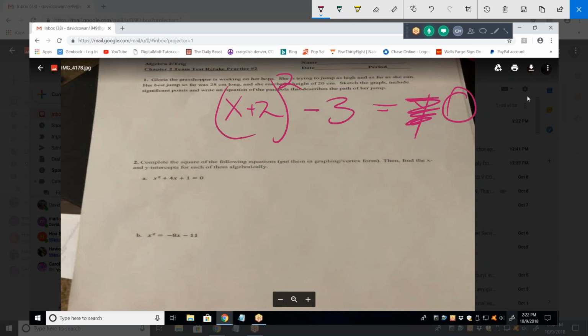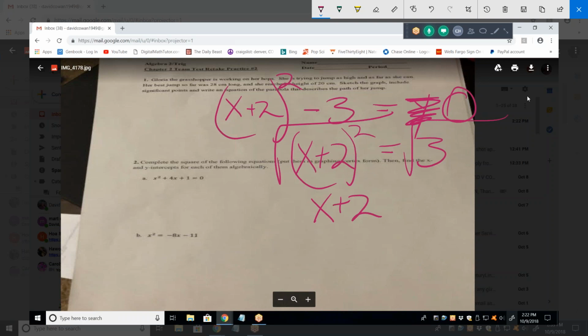But there's a little easier way: you take the square root of both sides. The first thing I'm going to do is move the 3 over, like that. Now I'm going to take the square root of both sides, so x plus 2, I'm going to take the square root of that and square root of that. What's x plus 2 equal to?